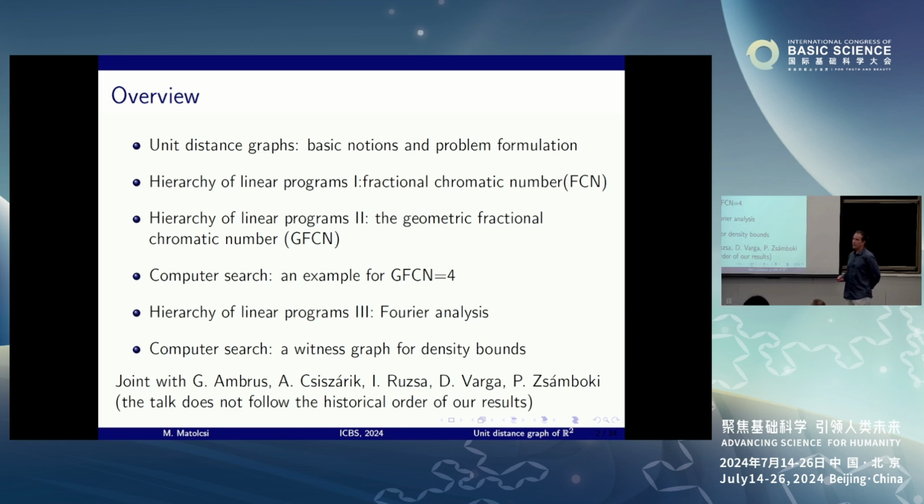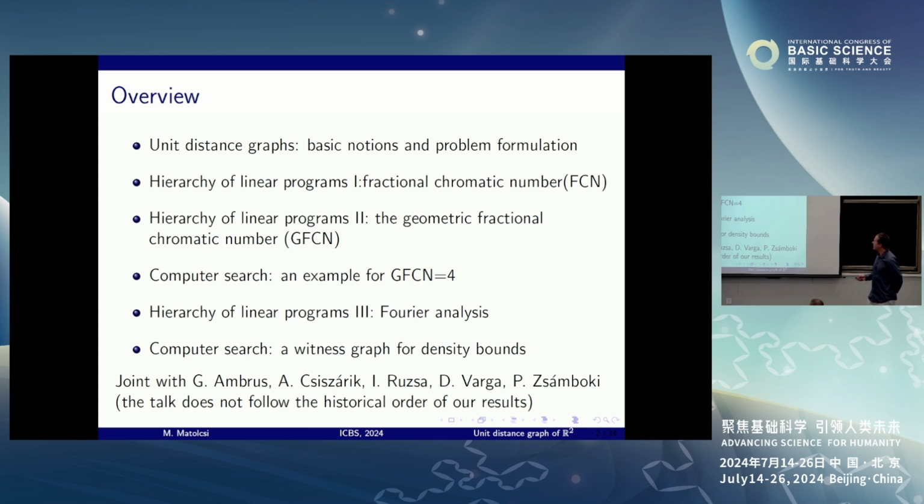First I give you the basic notion of unit distance graphs and related parameters and properties and some problem formulations. And then we go on a journey of a hierarchy of linear programs. The first linear program will be that of the fractional chromatic number of a graph. The second will be the so-called geometric fractional chromatic number, something that we introduced recently.